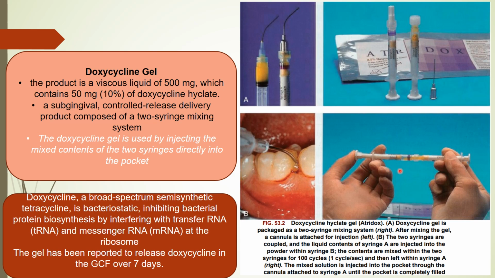Doxycycline is a broad spectrum antibiotic and it is bacteriostatic, inhibiting bacterial protein synthesis by interfering with transfer RNA and messenger RNA at the ribosome. The gel has been reported to release doxycycline in the GCF over 7 days. It is indicated for the treatment of chronic adult periodontitis, for a gain in clinical attachment, reduction in probing depth, and reduction of bleeding on probing.